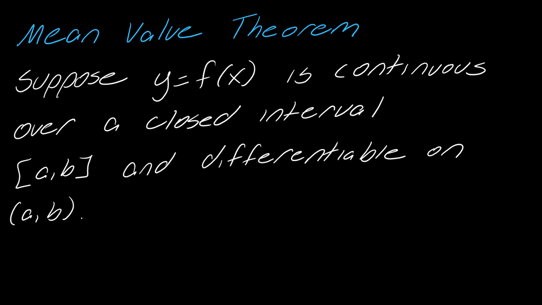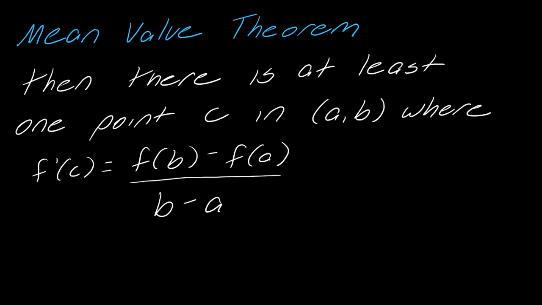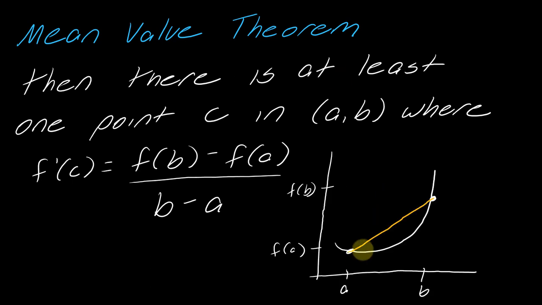Okay, so just to remind you what the mean value theorem is. We have this function f of x, it's continuous on a closed interval and it's differentiable on the interior. The real important thing that we need to remember about the mean value theorem is this: there is at least one point c in that interval where f prime of c equals f of b minus f of a over b minus a. Whether you remember this super well or not doesn't matter, and I'll just remind you what this actually means.